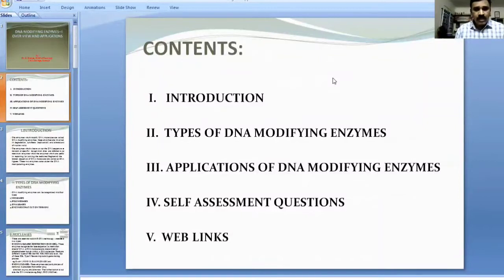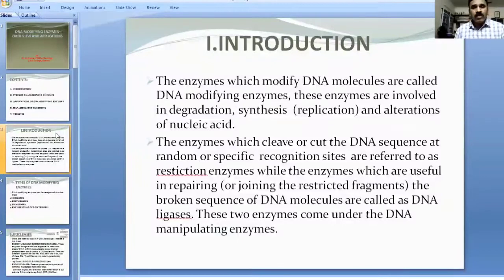The second one is the types of DNA modifying enzymes. The third one is the applications of DNA modifying enzymes. And the fourth and fifth headings come under self-assessment questions and web links respectively. So let us see one by one.